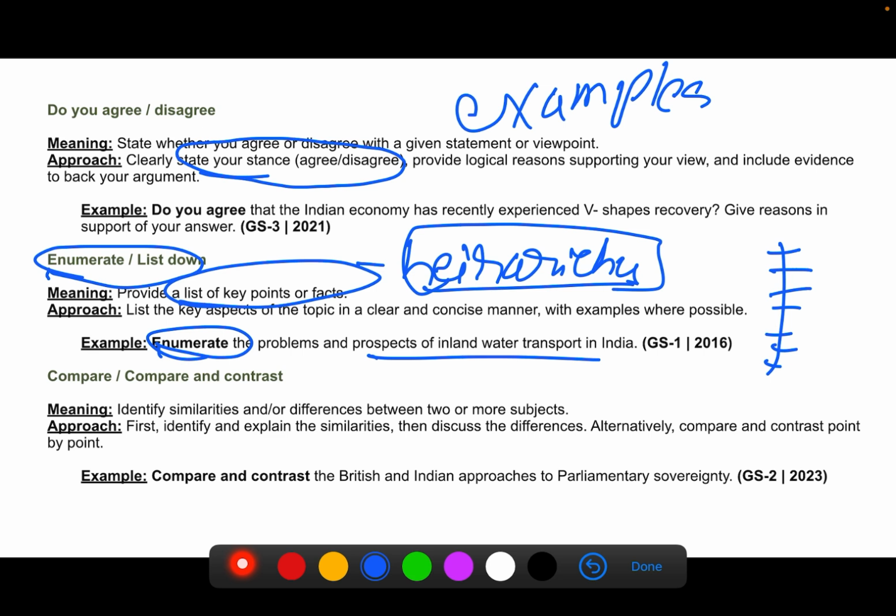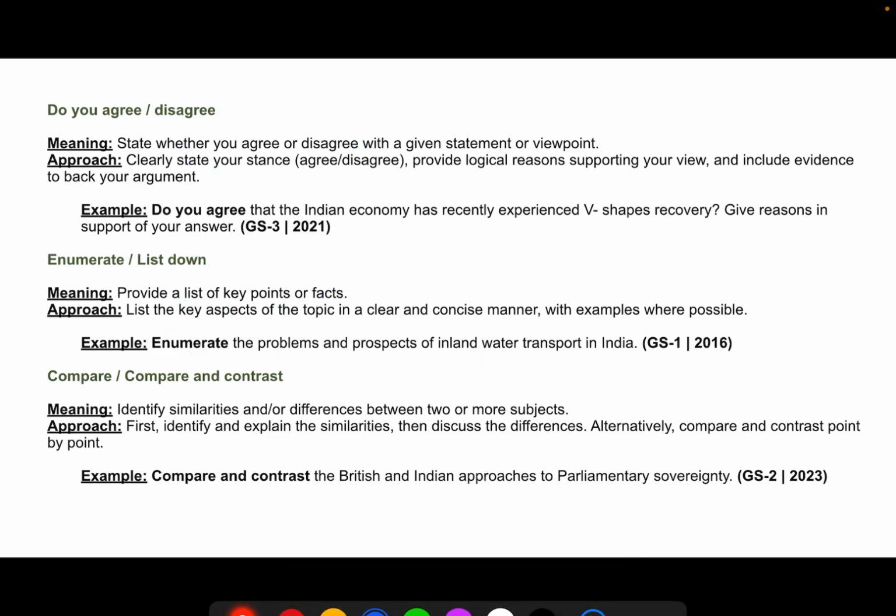When a question with the directive enumerate is asked, the hierarchy of points is very important. If a question simply states, what are the salient features of the Indian Constitution, the most crucial point should be mentioned first, like the supremacy of the Constitution, the democratic principle of the Constitution, or popular sovereignty.